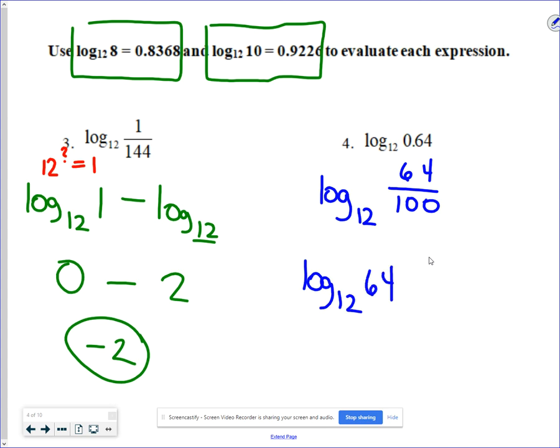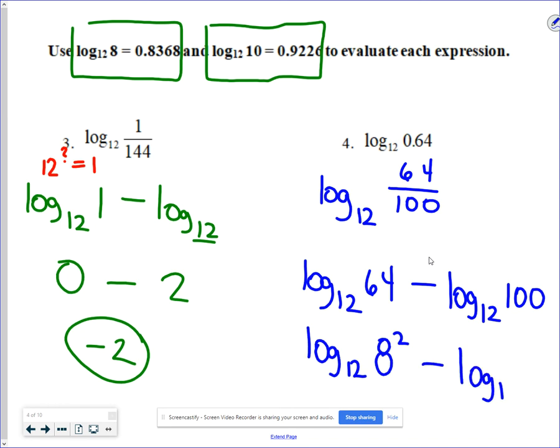What am I doing here? Dividing. So I can subtract minus log base 12 of 100. But what is 64? 64 is 8 squared. So I can rewrite this as log base 12 of 8 squared. And then 100 is 10 squared.